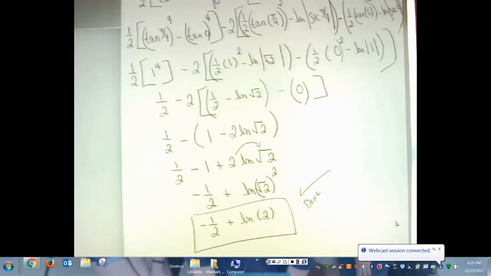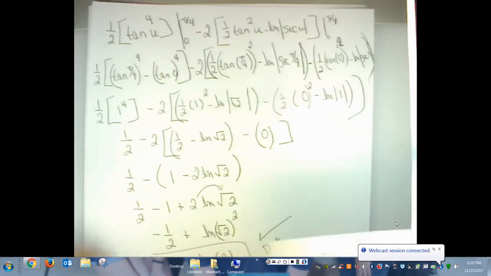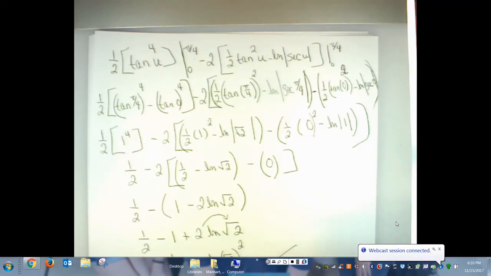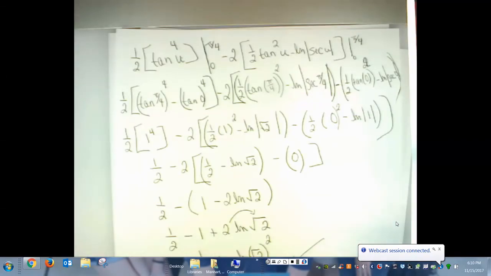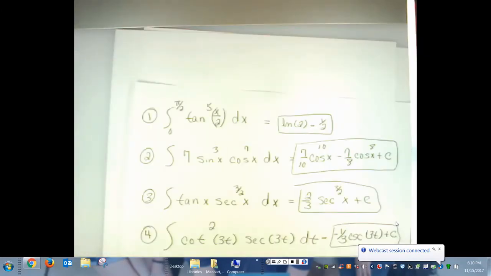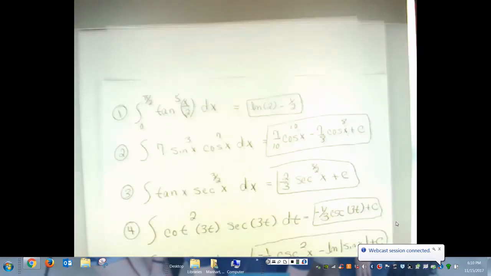Now, question number 2. I think we'll find this one to be a lot easier. The antiderivative of 7 times sine cubed times cosine to the 7th power.